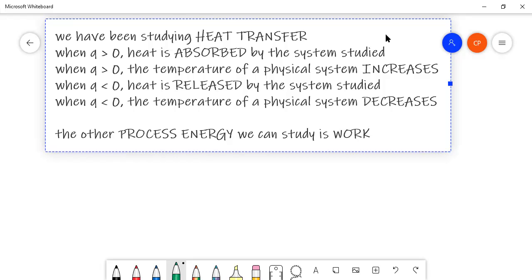The all-time classic example is me taking the chair that I'm sitting on in the lecture room and pushing that chair across the floor. I apply a force to the chair and I move the chair over a certain distance. Force applied over distance is one basic way to express work.